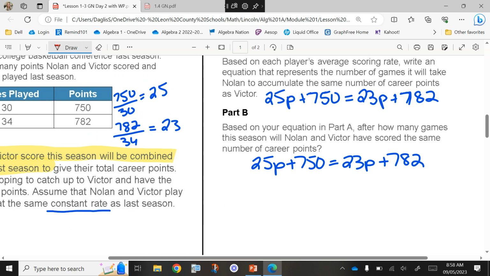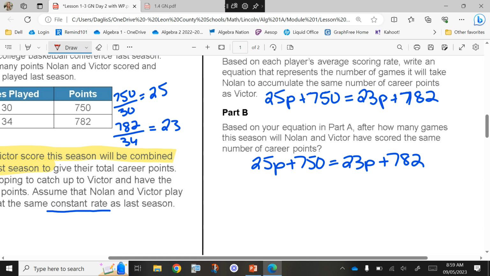Is there any grouping going on? Do you see any parentheses happening? Nope. Okay. Are there any like terms that I can combine on the same side? Can I put 25p and 750 together? Can I put 23p and 782 together?